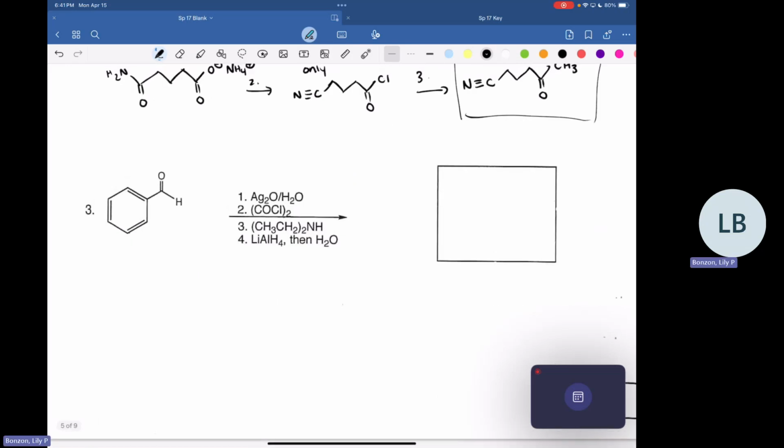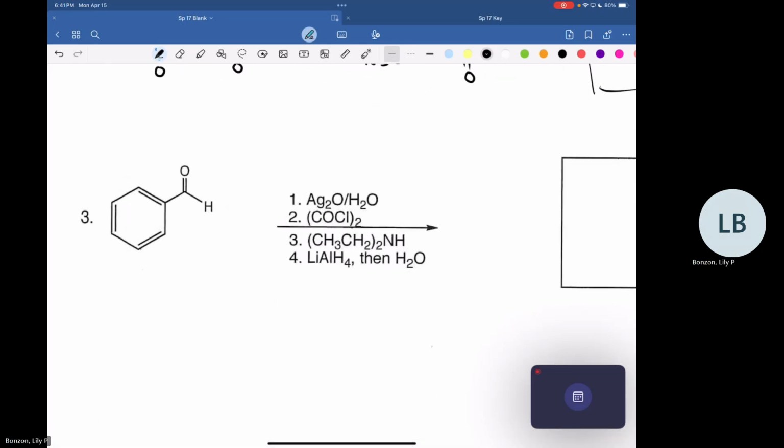All right, going on to question number 3. Okay, so we have silver oxide, H2O. So this one is pretty unique. This one is similar to Tollens' reagent. It's not Tollens' reagent, but it performs a similar function.